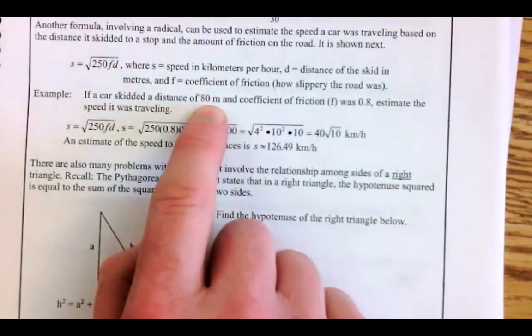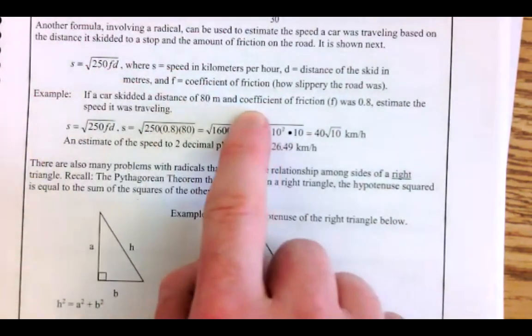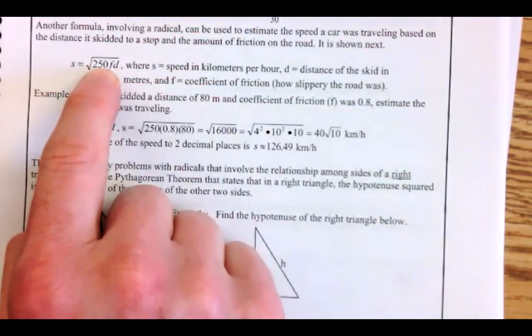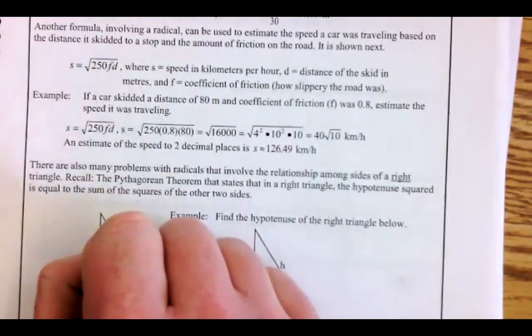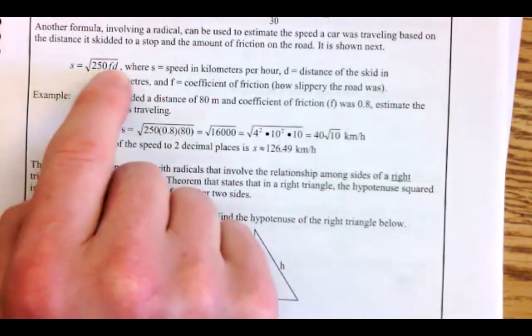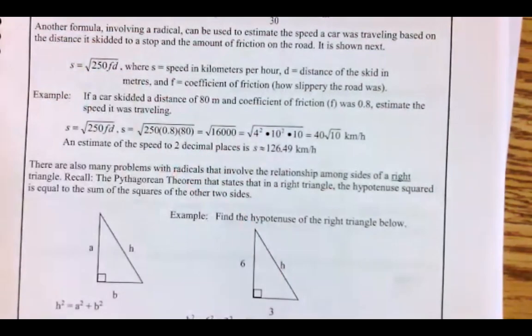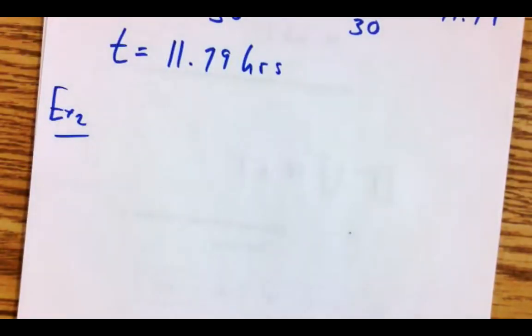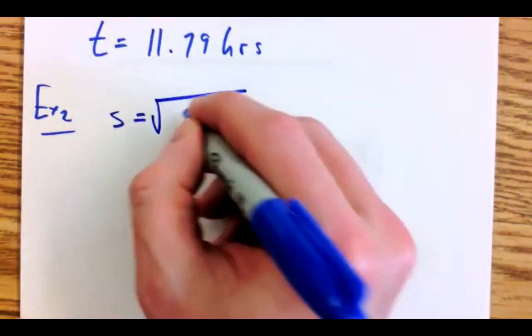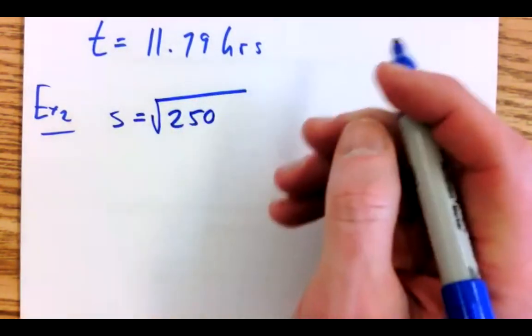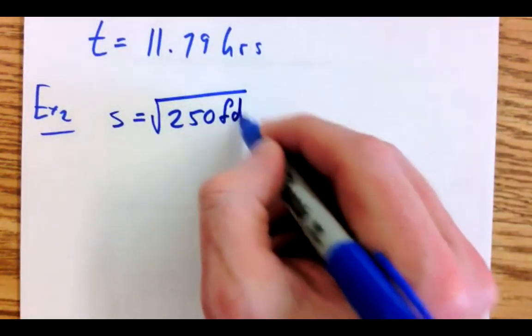It's telling you distance of 80, so D equals 80. And the coefficient of friction was 0.8. So it's 250 times 0.8 times 80, and then the square root of that. No, it'll be given to you. This is the formula. S equals the root of 250FD. Yeah, that's all part of the formula. So we have S equals the root of 250FD.